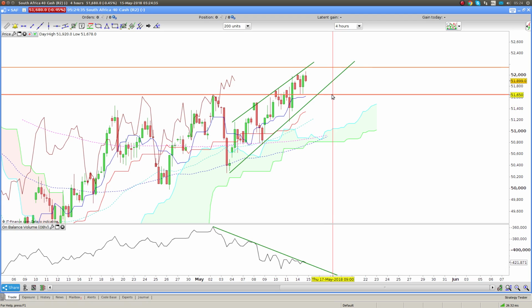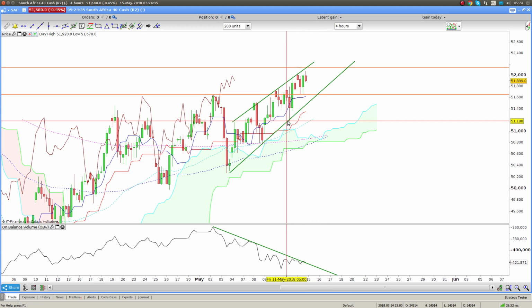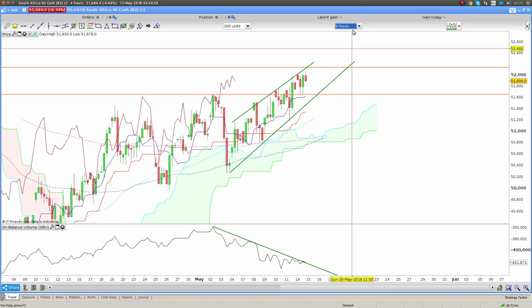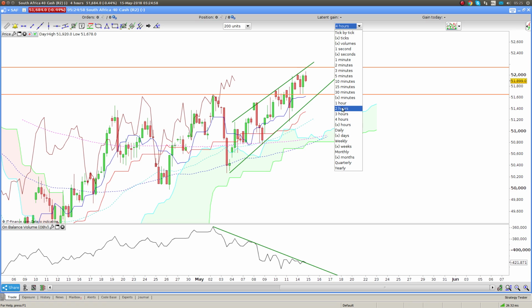We'll get the targets now, but there are a couple of targets to the downside. But obviously first we need to break this weekly support line here. So get to the hour and that'll give us the levels that we're looking for.